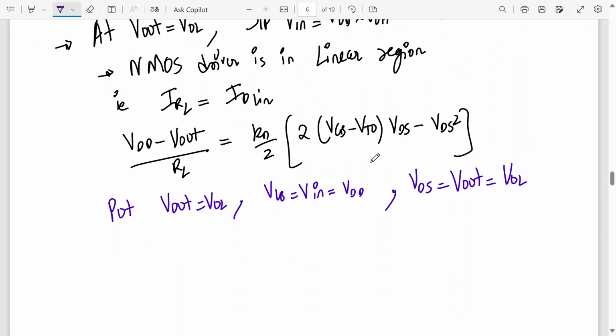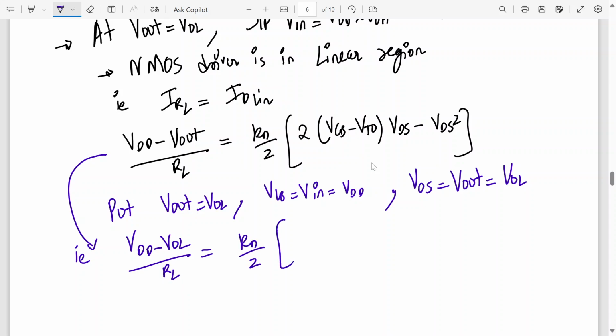After substituting we get VDD minus VOL upon RL is equal to Kn by 2 twice VDD minus VTO into VOL minus VOL square.